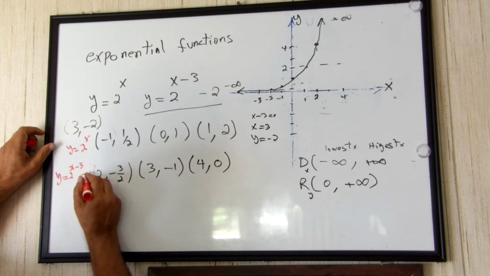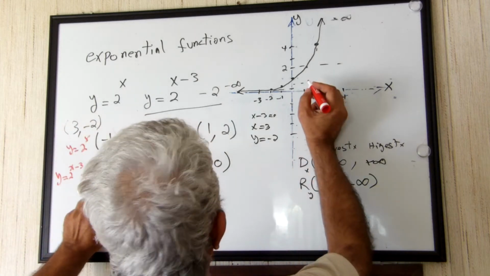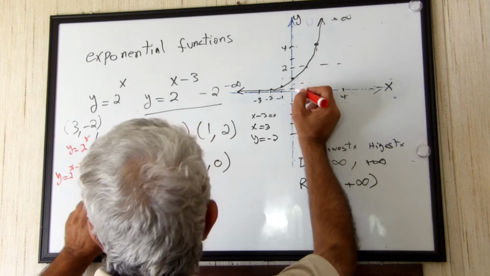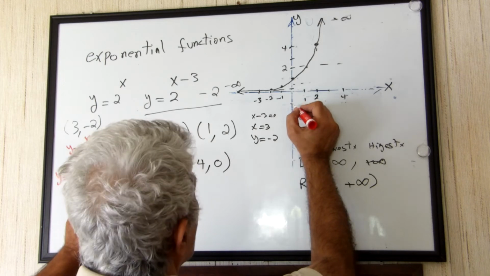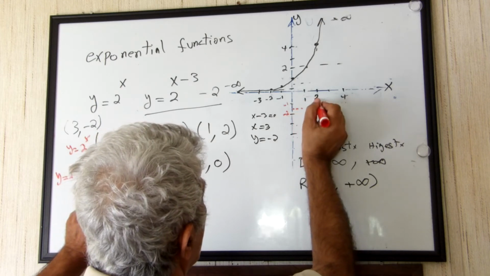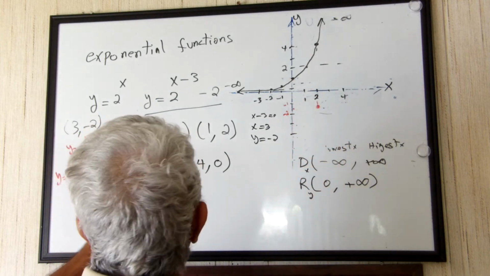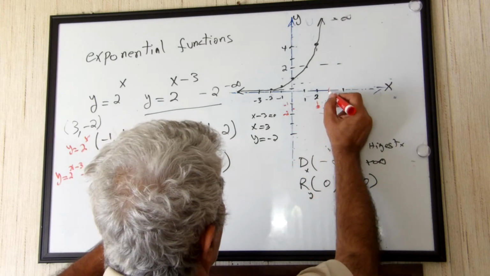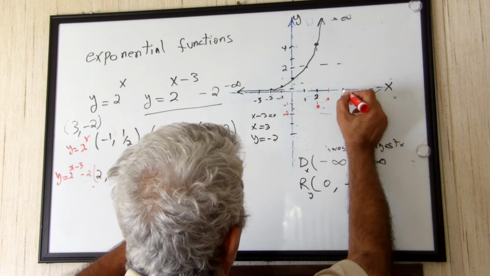So we got 2 minus 1.5, so x is 2 and y is minus 1.5, that is going to be here. The first point here. The second point, x is 3, y is minus 1, is going to be here. And then 4 and 0.